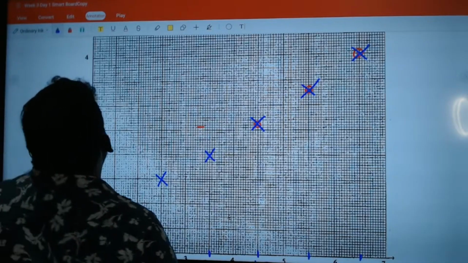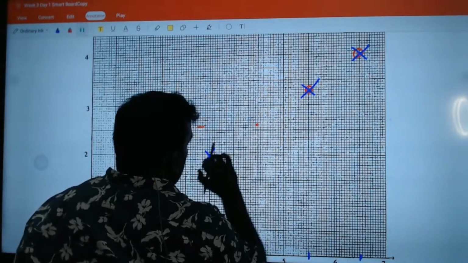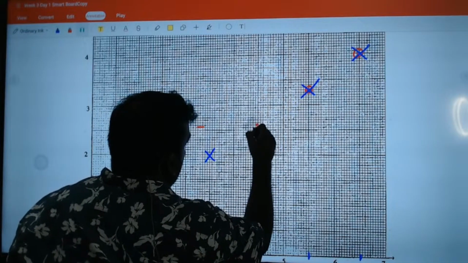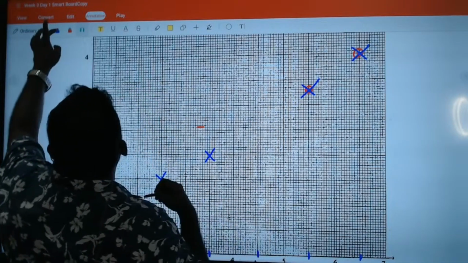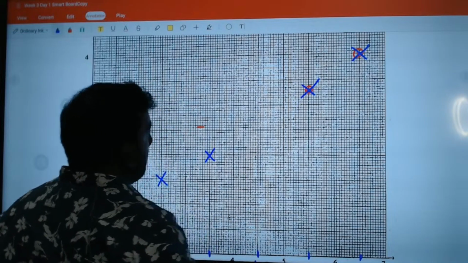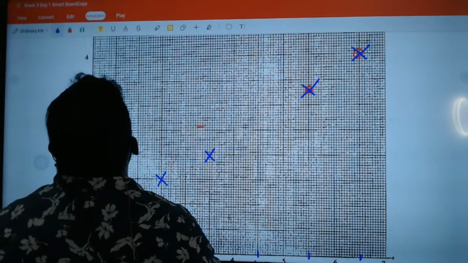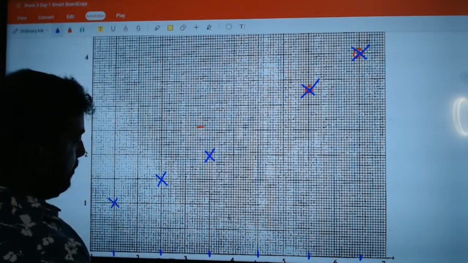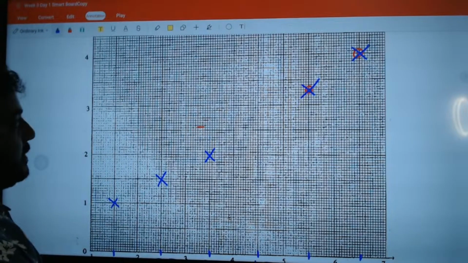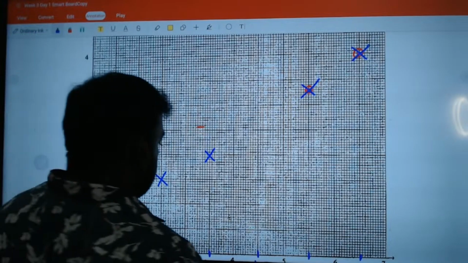Right. Okay. I erased it, no? 4.5. 4.5, 2.6.